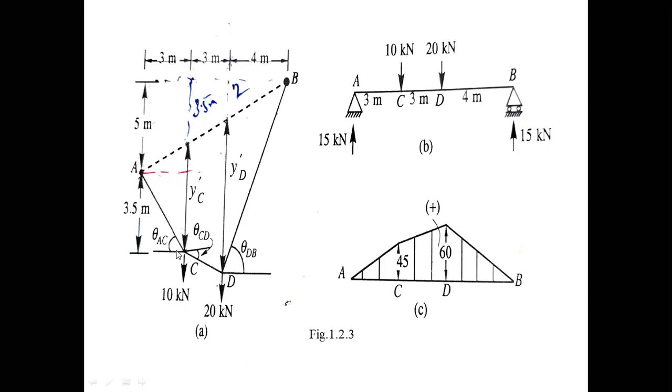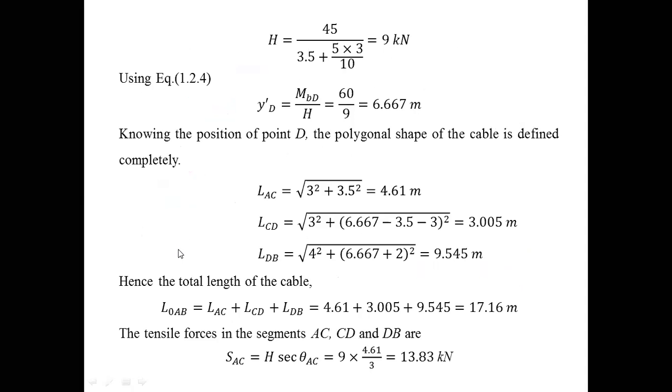Let us take a triangle. This force in the segment AC is SAC. Then what is the cos theta? Cos for the triangle AC. You know the length. You know the this. Then cos theta is equal to H by S, and secant theta, you know, 4.1.